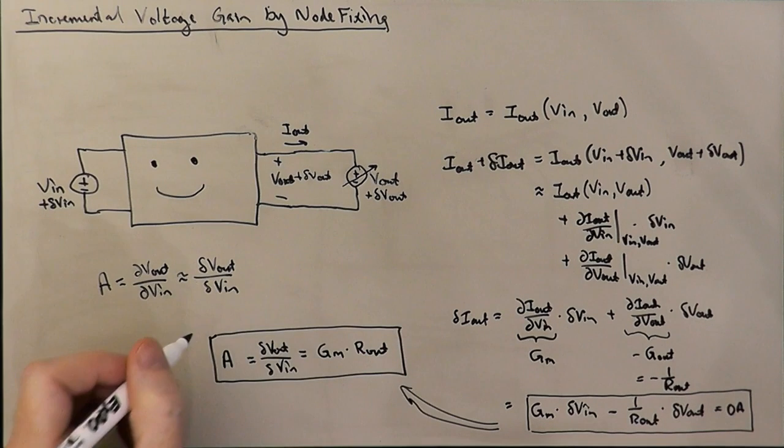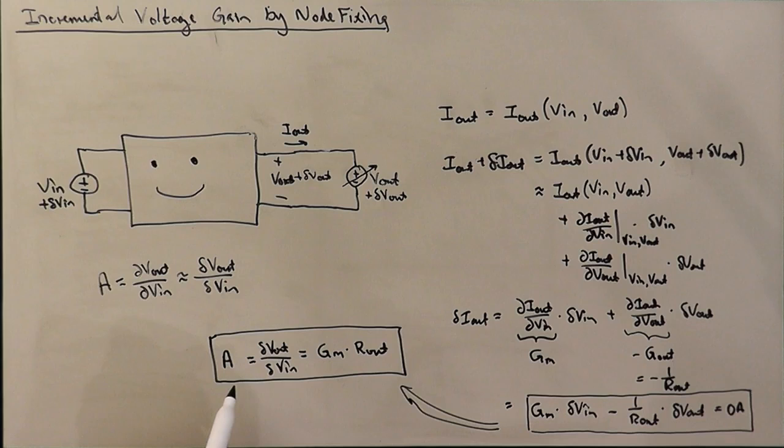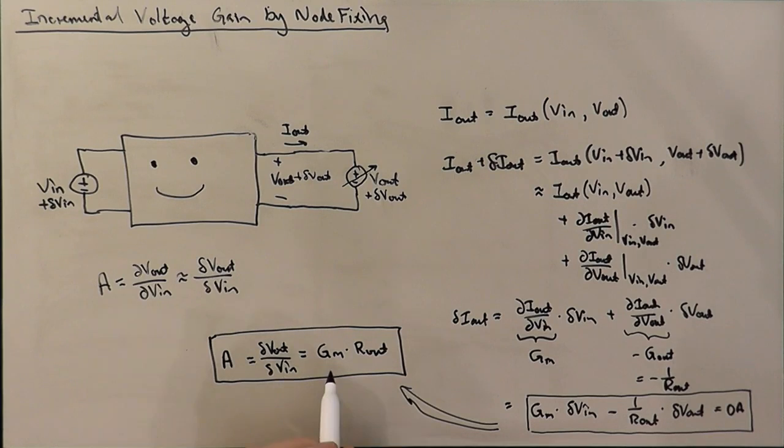So this says that the open circuited voltage gain of the circuit, we can decompose into the product of the incremental transconductance gain of the circuit with the output voltage held fixed times the incremental output resistance of the circuit.